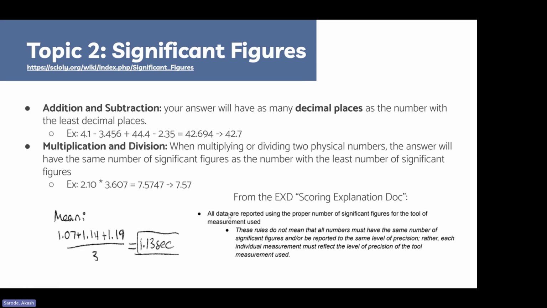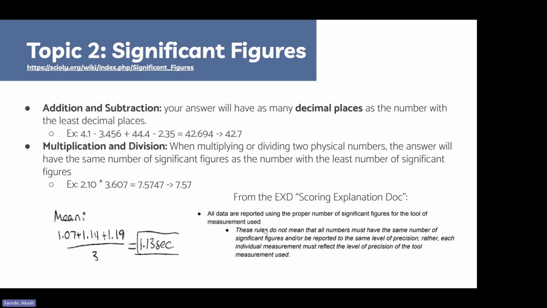And this statement here is from the XD scoring explanation doc, which is a really useful resource that I'll talk about later that basically defines how judges or event supervisors are going to grade your experiment and your template. It says about significant figures: all data reported using the proper number of significant figures for the tool of measurement used.